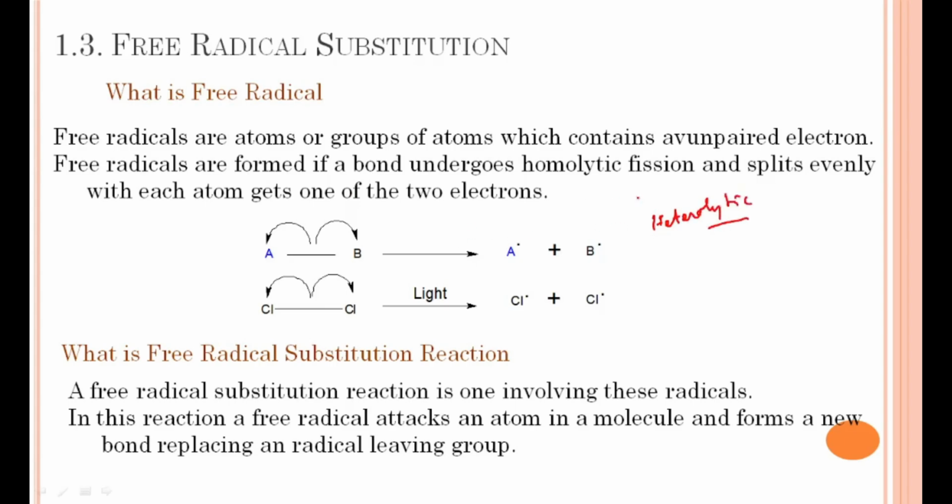That means both the bonded electrons shift to one atom. But a free radical forms when there is homolytic cleavage. Homolytic means this bond is formed by two electrons, one electron goes to A and another electron goes to B. So A gets an unpaired electron and B also gets an unpaired electron. This is called a free radical.